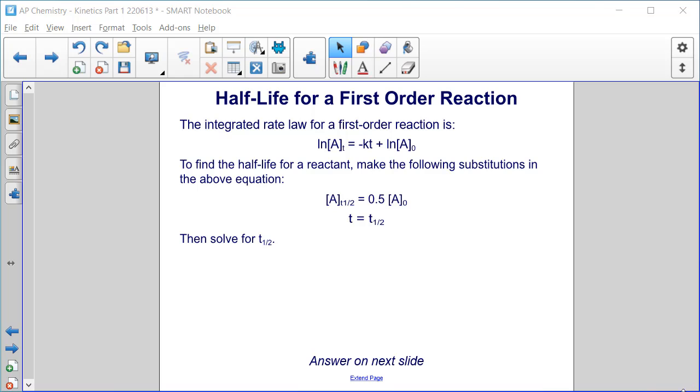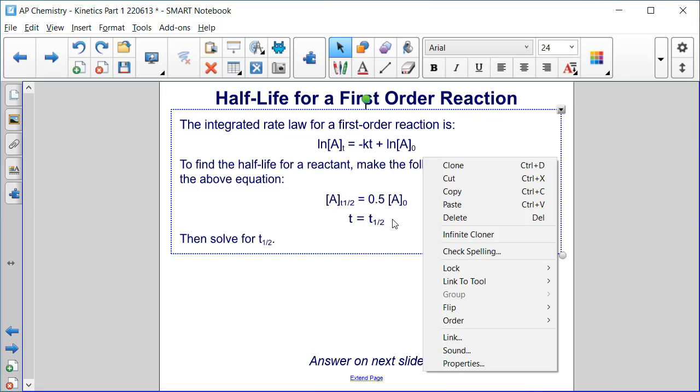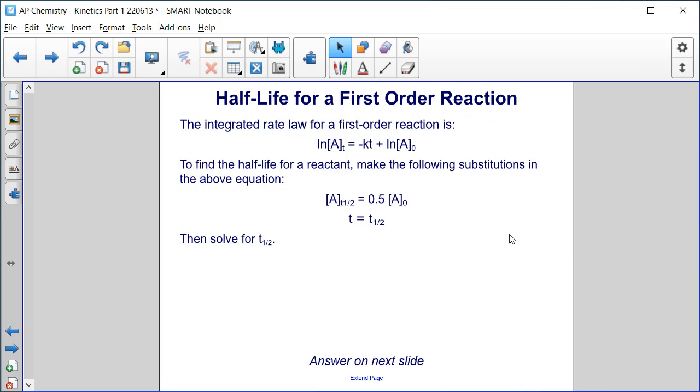Half-life for a first-order reaction. So we start with the integrated rate law for a first-order reaction, where the natural log of concentration is equal to minus K times T plus the natural log of the initial concentration. To find the half-life for a reactant, make the following substitutions.